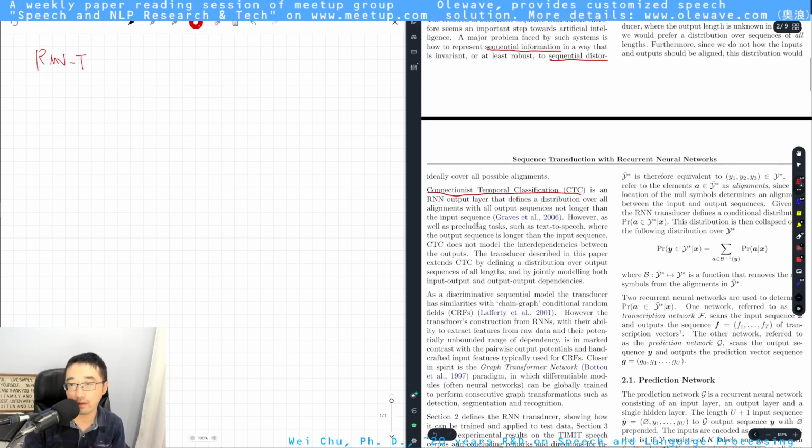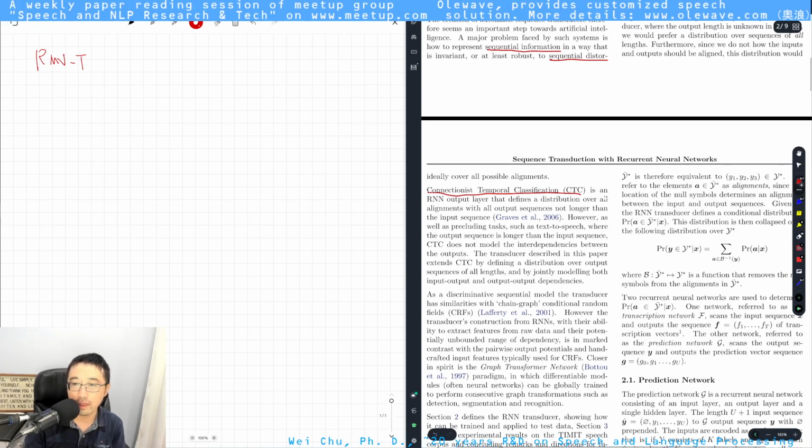Of course, the CTC output is not supposed to be longer than the input sequence, because you can only expand the output sequence by inserting blank symbols, but you cannot squeeze it.